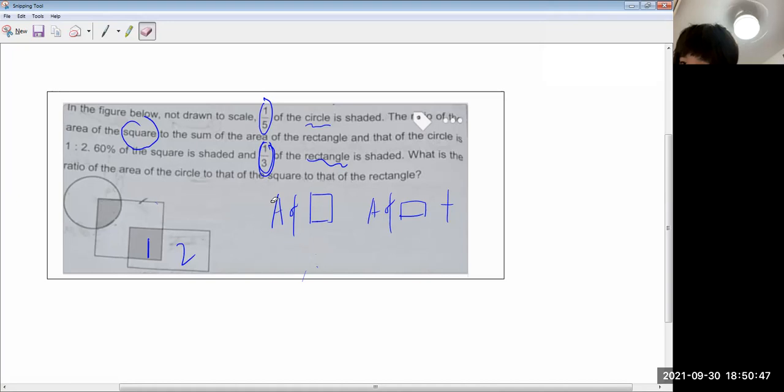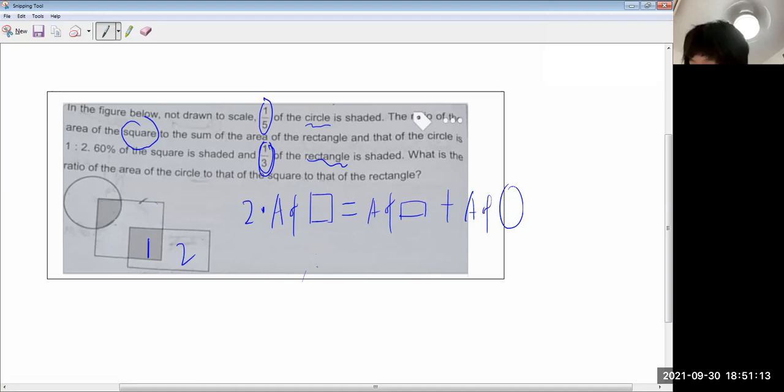So that means 2 times this. Which one is 1? Which one is 2? So it means 2 times the area of this is equal to A of circle. Okay, does it make sense?